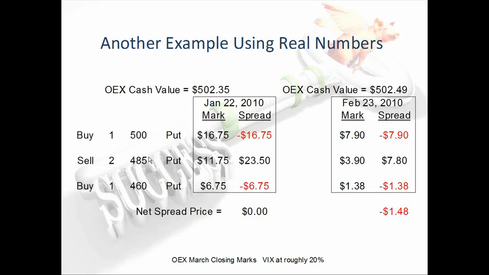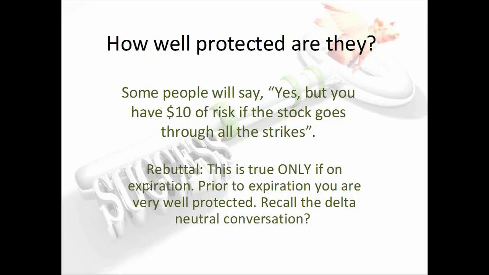That's $15 wide. Then we go down to the 460 put. That's $25 wide. So we bought a $15 spread and sold a $25 spread. You're thinking to yourself, I have $10 of risk, don't I? Yes, you do, only if on expiration you do nothing.